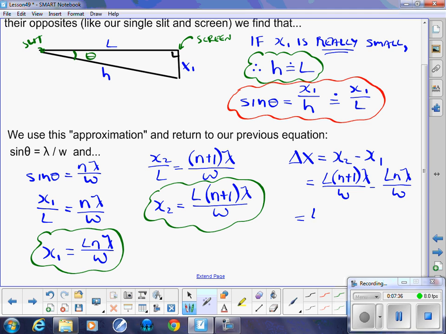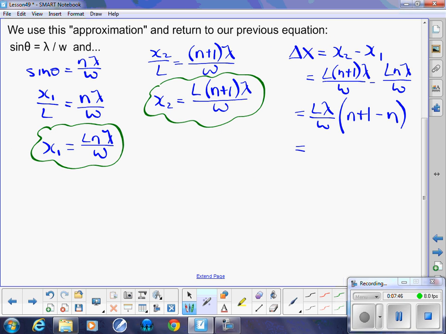I can common factor out the L, lambda, w, and that leaves me with n plus 1 minus n. And what we find is that the distance between dark or bright bands is simply going to be L lambda over w. So there's one of your final formulas to add to your cheat sheet.